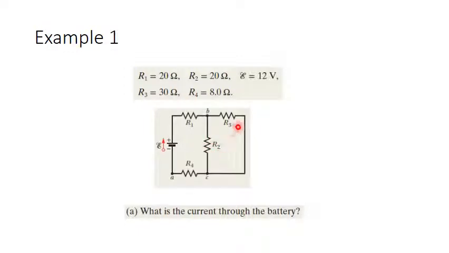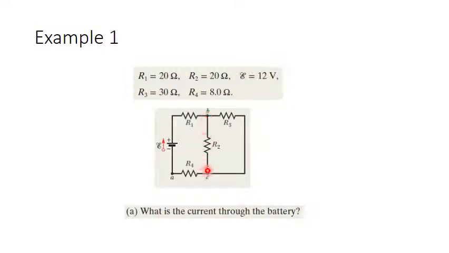So electrically, R2 and R3 are parallel resistors, even though they are not physically parallel, but electrically they have two connected nodes, B and C.